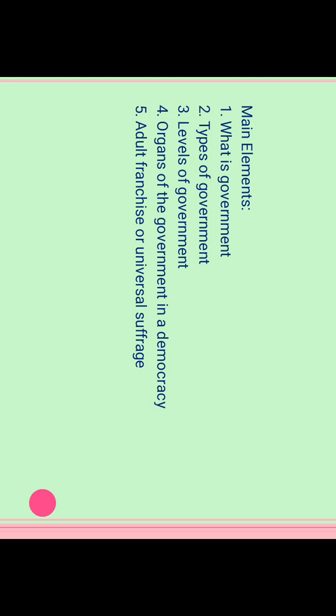So let us have an idea first. What is government? There are certain points, children, which I want you to track down first. Where do we build educational institutions like schools or colleges? How do we get power supply and how is it generated?